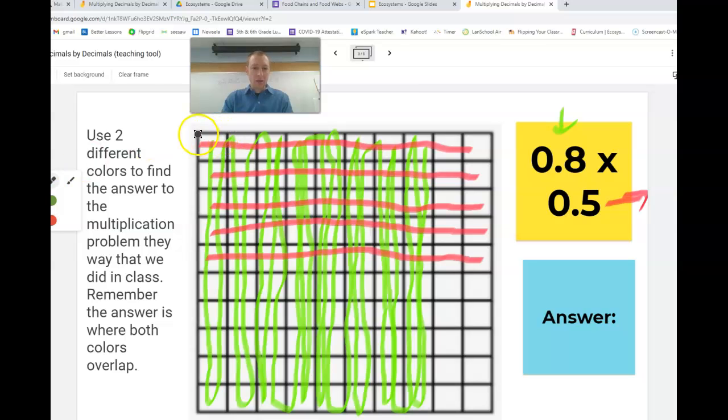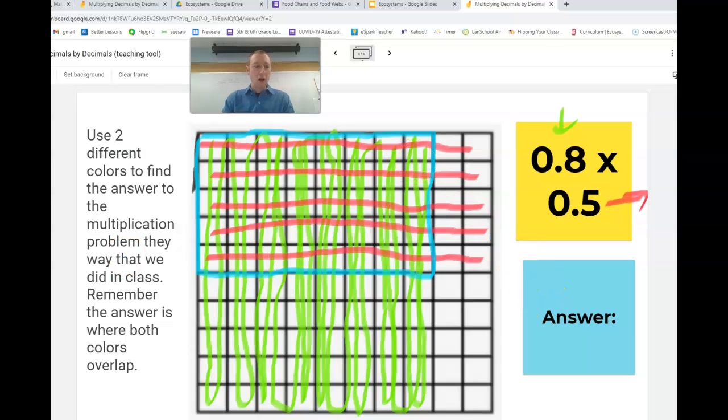And how do I find my answer? Remember, my answer is, I'll do a different color so it pops more. The answer is the overlapped boxes, right? So all these is my answer, right? So how do I find my answer? I just count up my hundredths. How many hundredths do I have? 1, 2, 3, 4, 5, 10, 15, 20, 25, 30, 35, 40.